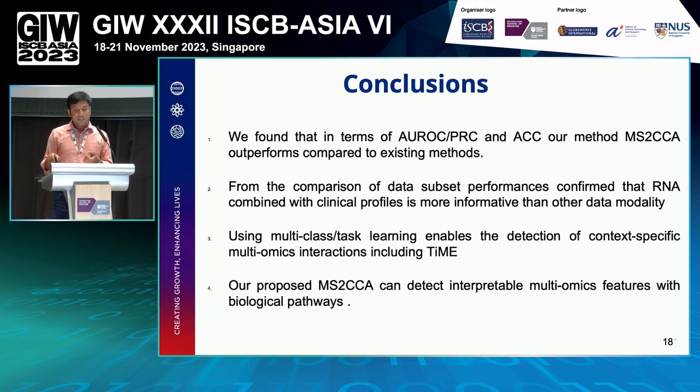We use multi-task or multi-class learning, which enables the detection of context-specific, meaning response-specific, multi-omics interactions that include pathway and tumor immune microenvironment information. Also, our method can detect interpretable multi-omics features with biological pathways. Thanks.